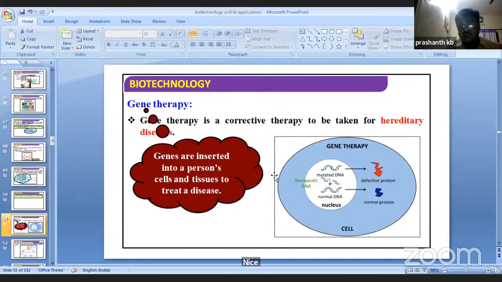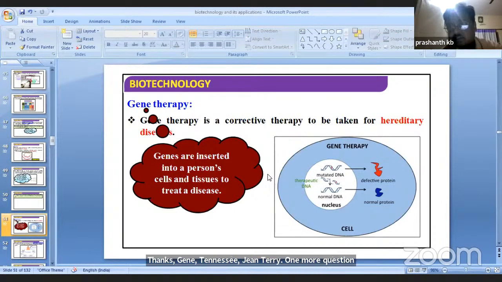Next, gene therapy. One more question: they will ask for the definition. Removing the defective gene and replacing it with a functional gene is called gene therapy. In gene therapy, they have given the subheading ADA. What is the use of this gene therapy?